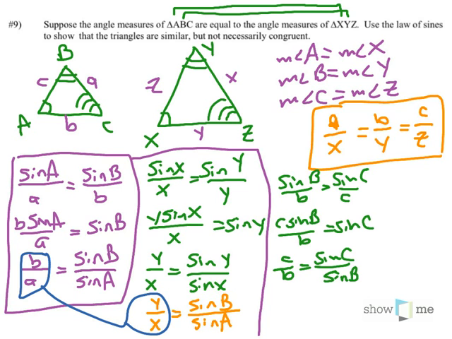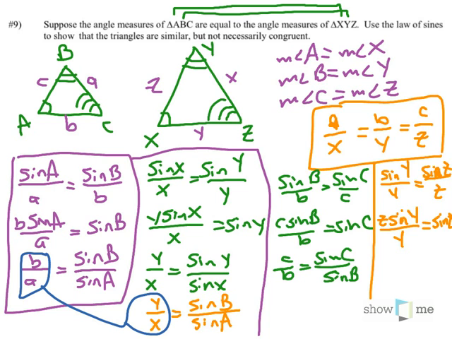If we do the same thing with the other triangle, if we take sine of y, that corresponds to b, over y, set it equal to sine of z, because z corresponds to c. Multiply both sides by z, just trying to get our signs together and our lowercase letters together. And divide both sides by sine of y.